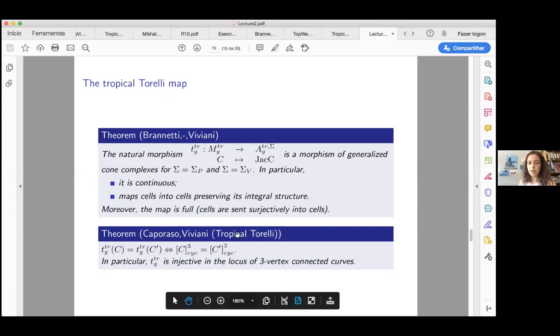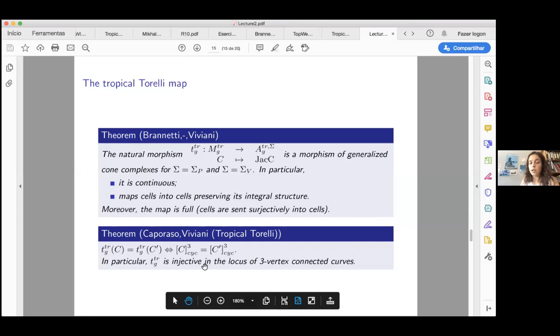So the tropical Torelli theorem was proved by Lucia Caporaso and Filippo Viviani, and says that two tropical curves have the same image via this morphism if and only if the three-edge connectivization of one curve is in the same class as the three-edge connectivization of the other curve.